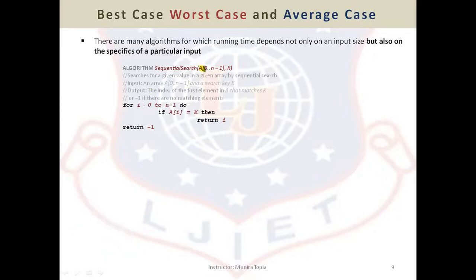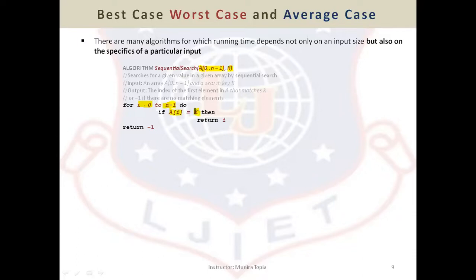So this is the array, the indexes range from 0 to n minus 1, and k is the key. Now, for i equals 0, that is, the index starts from 0 and goes up to n minus 1, we are comparing the key with the element at i, that is, A of i equals key.